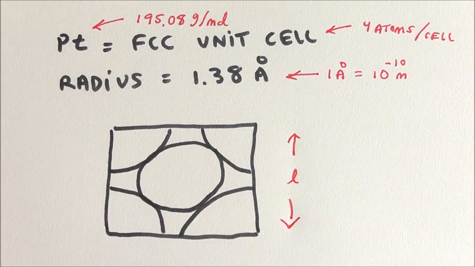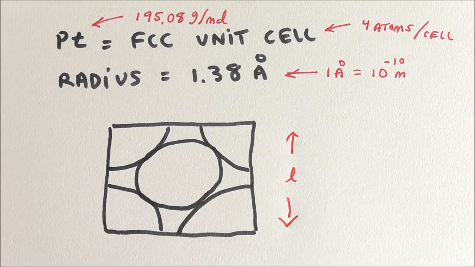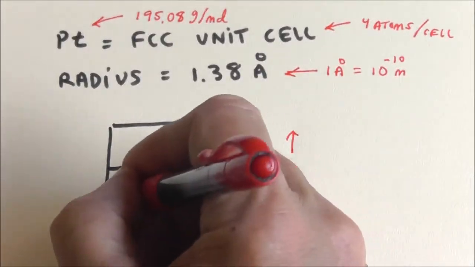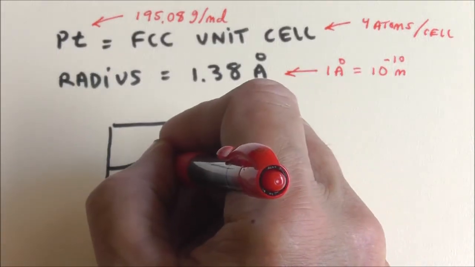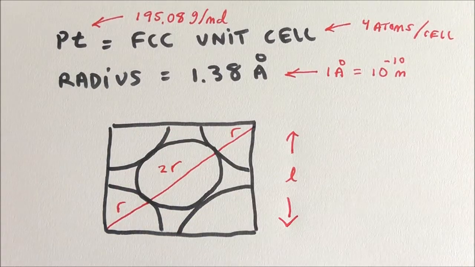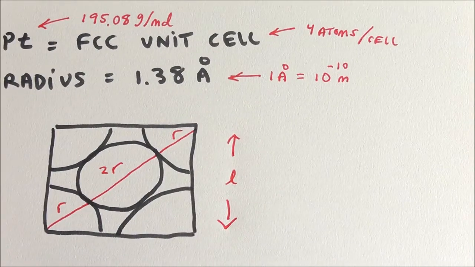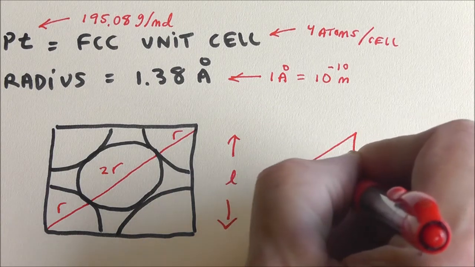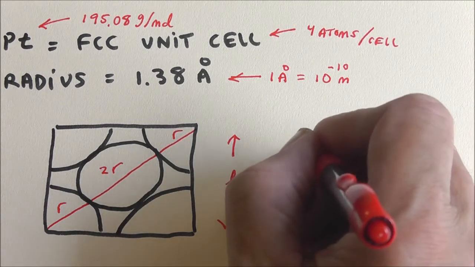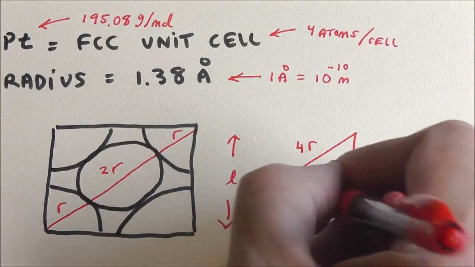To find the volume, we're going to cube that. Tell you what is defined. There's an r. There's an r. That is 2r. What we have, my friends, is a right triangle. The hypotenuse is 4r.